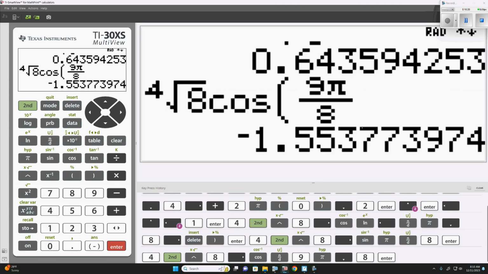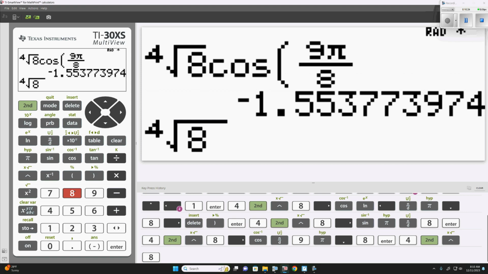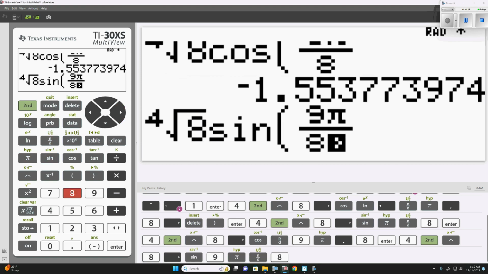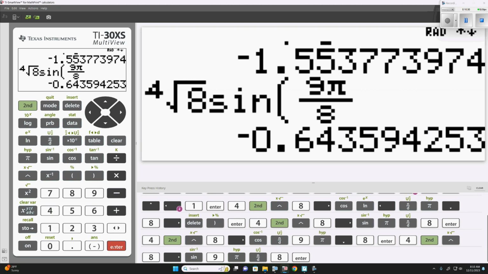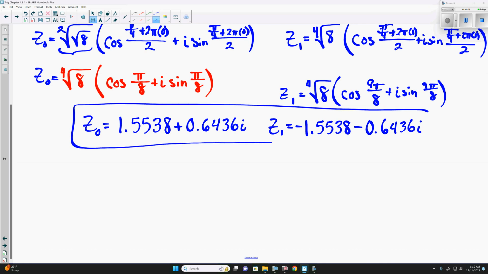Most likely the next one's also going to be negative, and it should be a number we've seen already. Negative 0.6436 i. And these are the two solutions here.